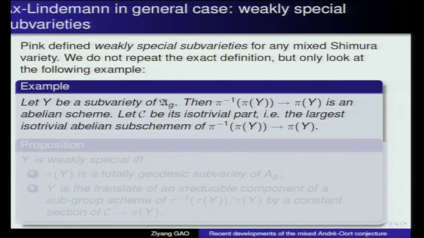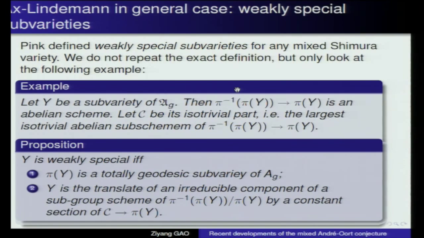So let Y be a subvariety of the universal family, and we take pi inverse of pi Y to pi Y. This is an abelian scheme, which may have an isotrivial part, and we call this isotrivial part C. So in this case, the modular interpretation is as follows. This Y is weakly special if and only if two things are satisfied.